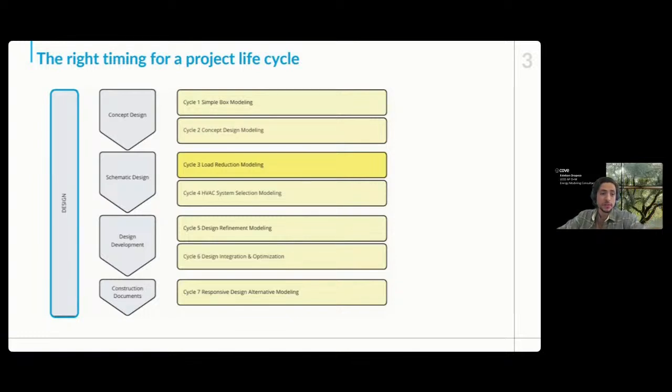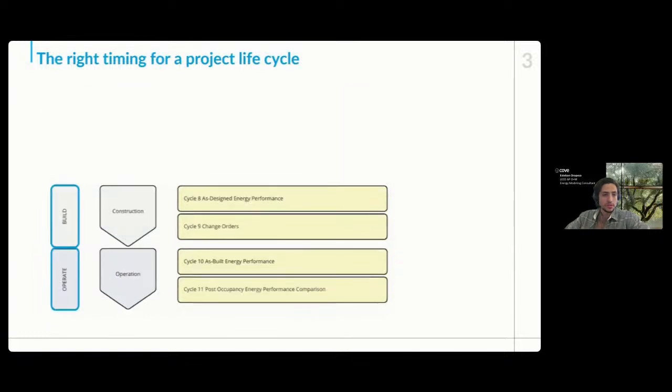In design development, you are already refining the options or strategies you defined in the previous stages. So, refinement and design integration modeling, and construction documents is just tweaking minor things, any last-minute update to the construction documents.